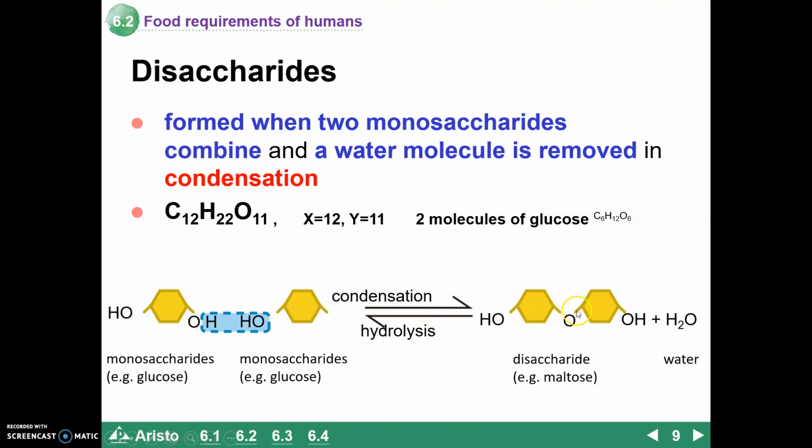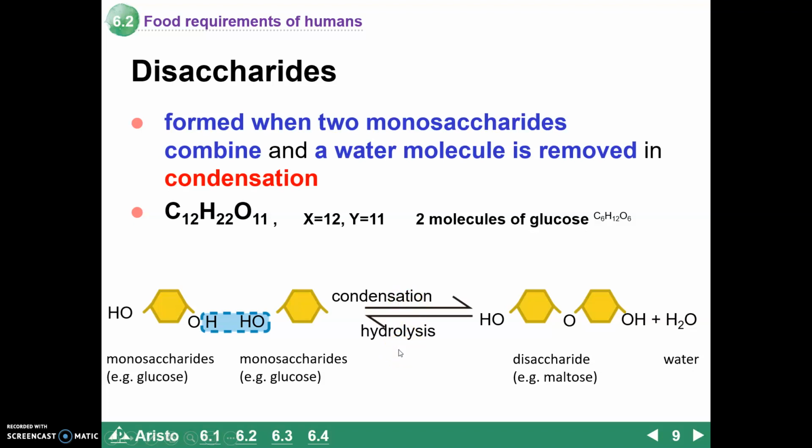This oxygen joins the two molecules together. And this H2O is removed. This is the condensation reaction. And the opposite is hydrolysis. You already learned it.